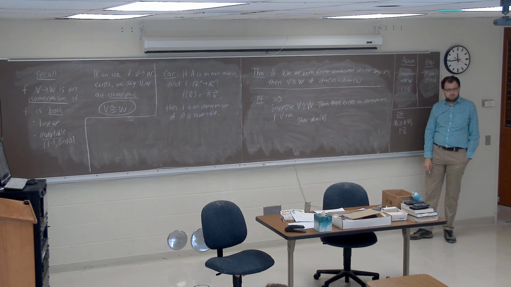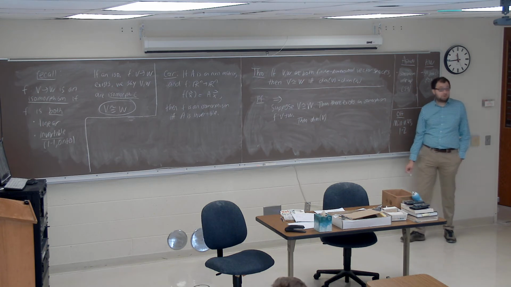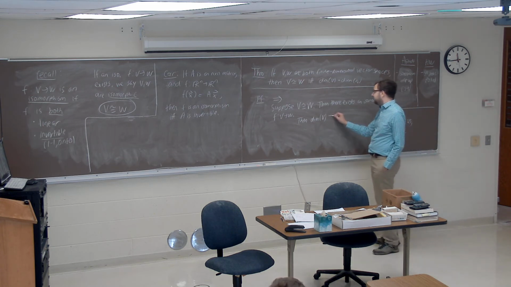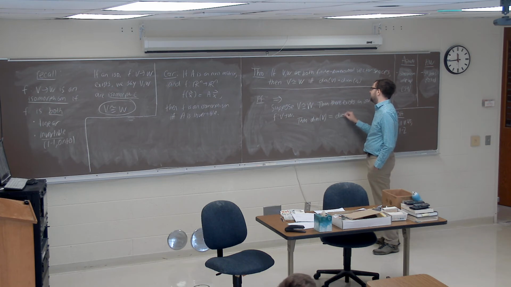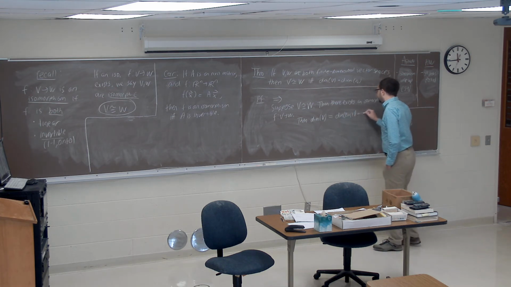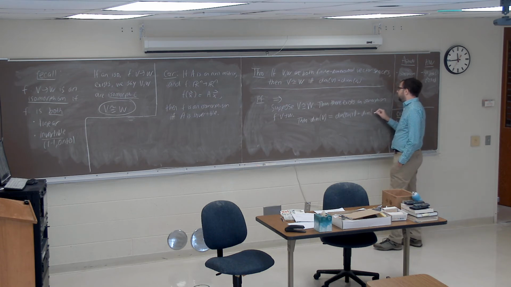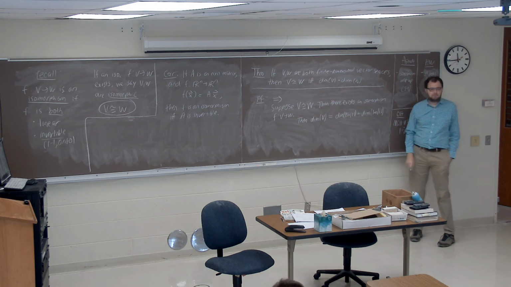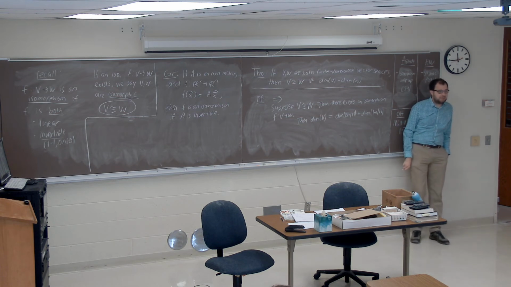Well, what do we know about the dimension of V? We can relate the dimension of V to properties of F by saying the dimension of V has to be equal to the dimension of the kernel of F plus the dimension of the image of F. That if we add up the kernel of F's dimension and the image of F's dimension, we should get V's dimension, the domain of our function.